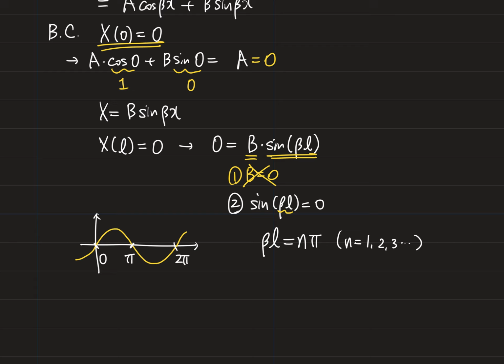So I want to emphasize this part. Actually, this step quantizes the possible value of the beta, right? So remember where we introduced the beta first.